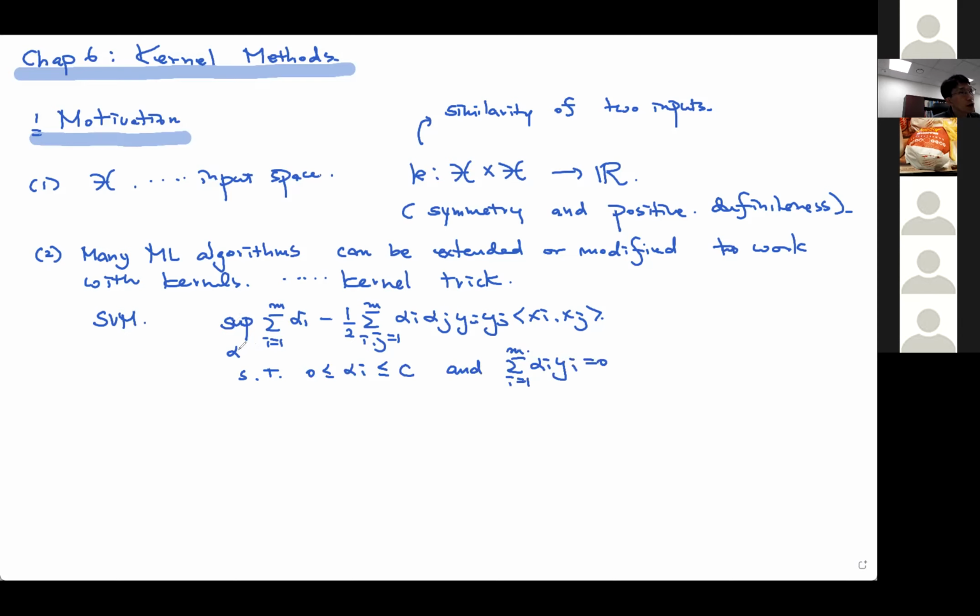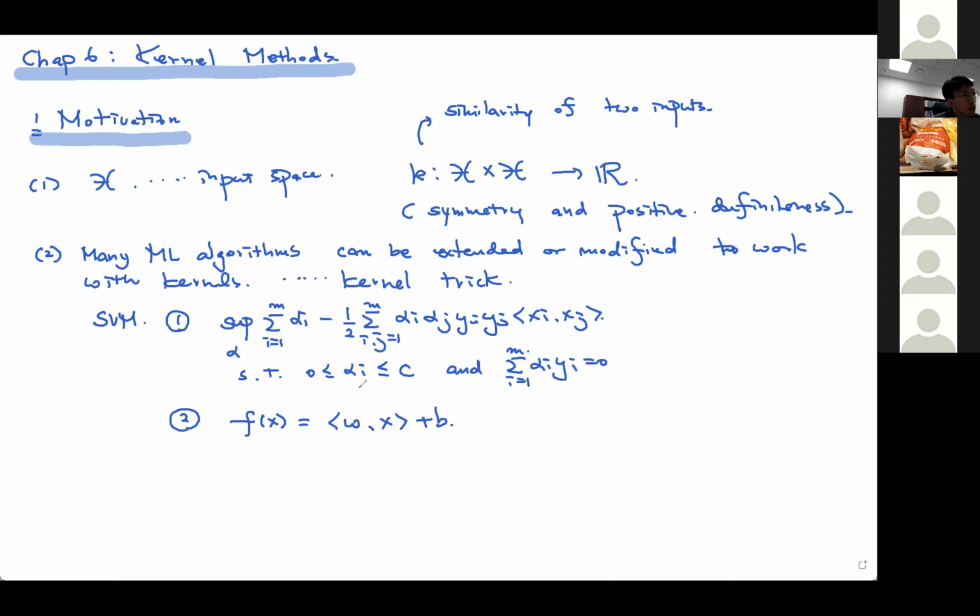Once we solve this optimization problem, the linear classifier we obtain is of the form f(x) equals w times x plus some bias b.